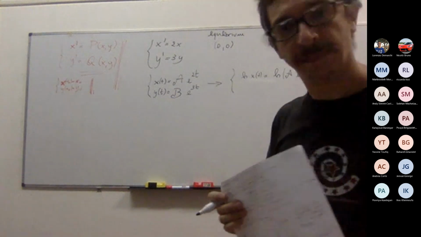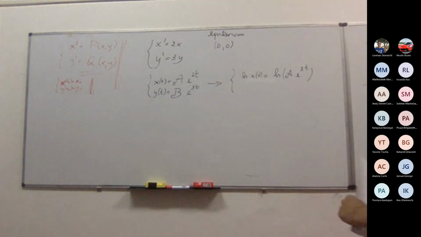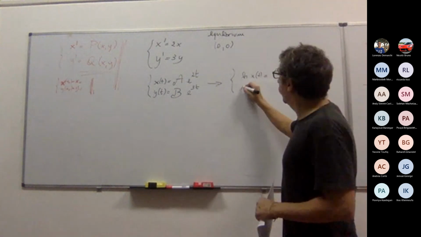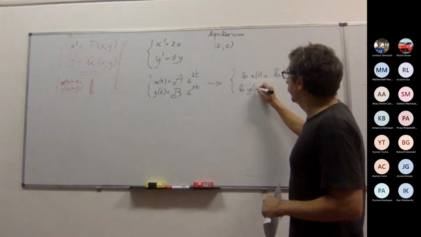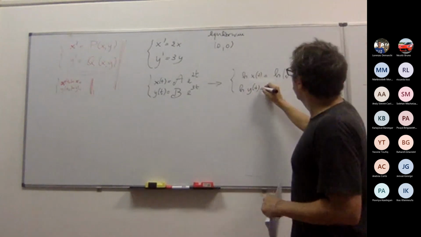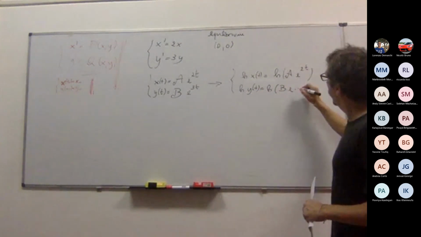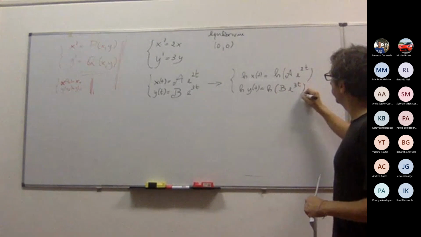Okay? Now, same for the second equation. Log of y of t is equal to log of b exponential 3t.